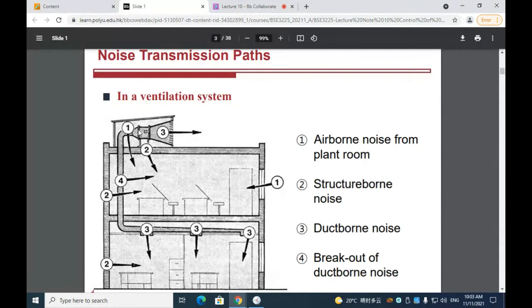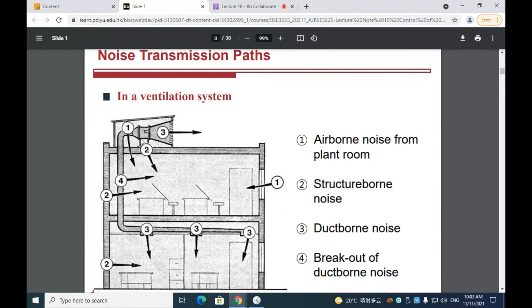And secondly, we have structure-borne noise as shown here. Starting from the source of the noise, the fan, the vibration can be conducted through the structures. Oh, sorry, not the duct system. The vibration can be transmitted through the structure.